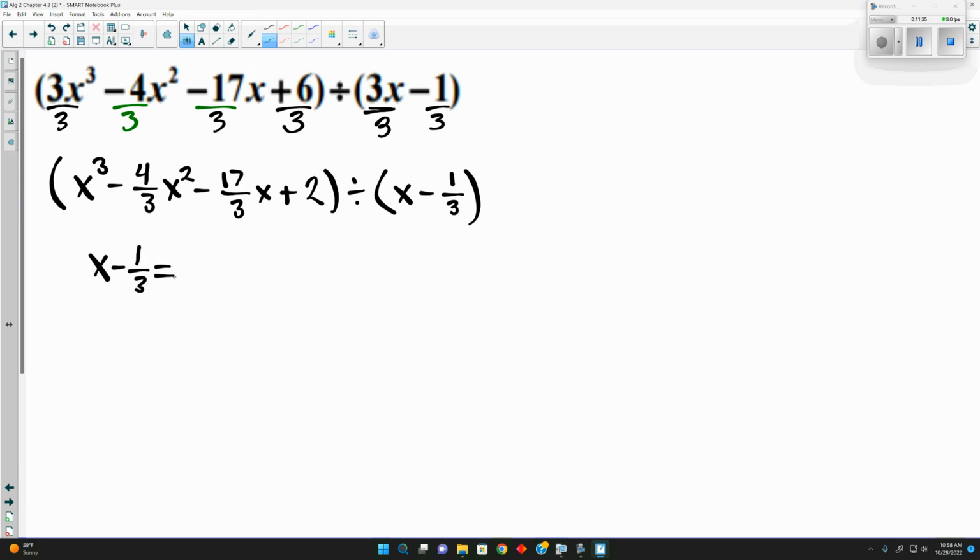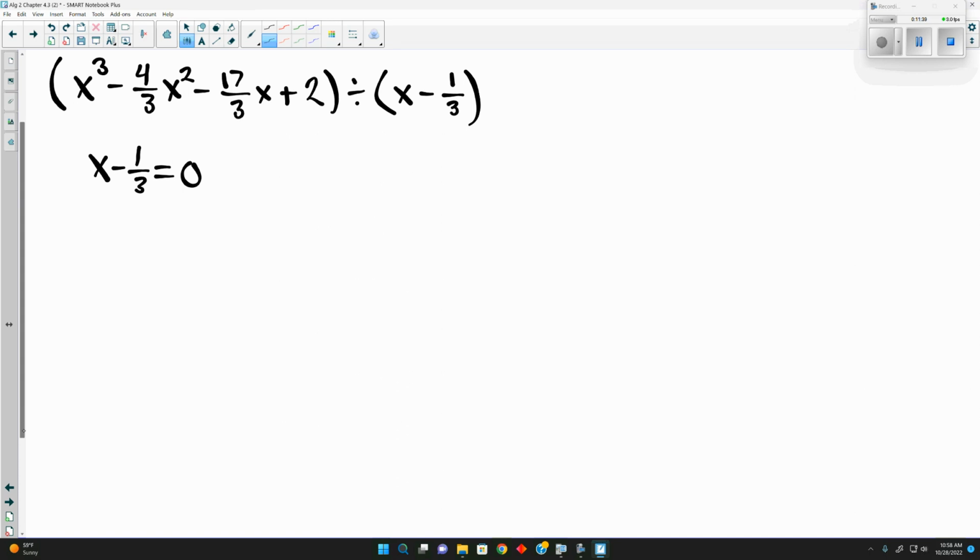Now the rest of the process is going to be the same. So we do take the x minus 1/3, set it equal to 0, and solve. So we would add 1/3 to both sides, guys. So here x is equal to 1/3.